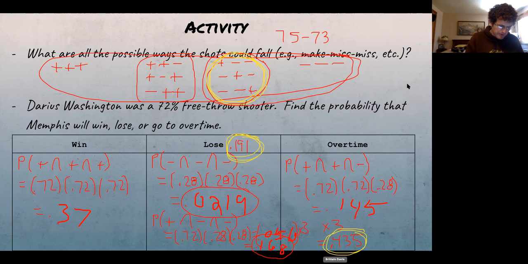So there's a probability of overtime, of losing, and here's the probability of winning. So the odds are looking pretty good right now. This took some time, but mathematically, we can work through all the different steps it takes to get our answers for the probabilities.